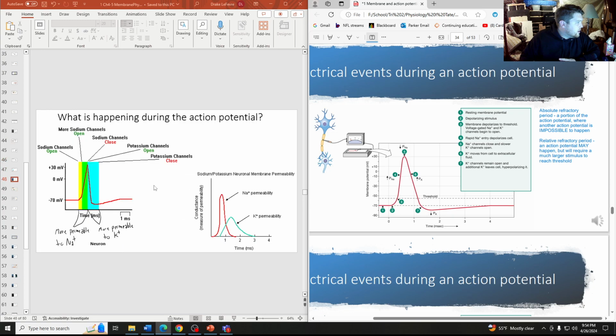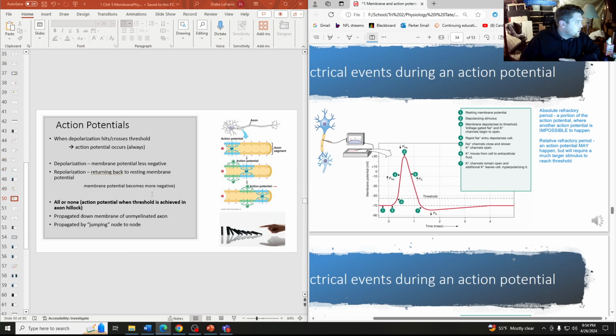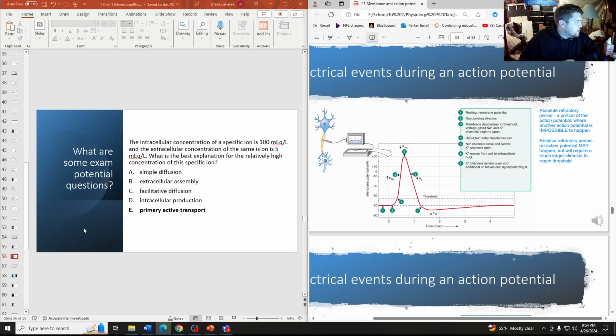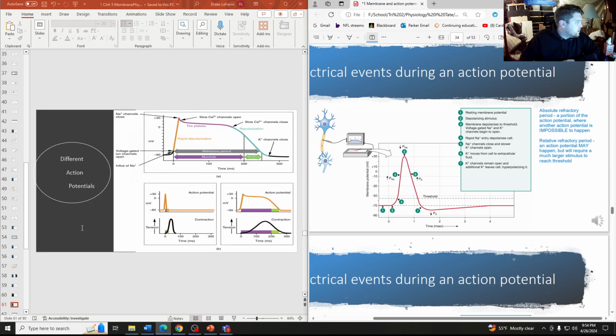Let me see if I can find one that specifically shows this period. Here we go, right here. It's a little bit of a different type of graph, but we have an absolute refractory period and a relative refractory period.